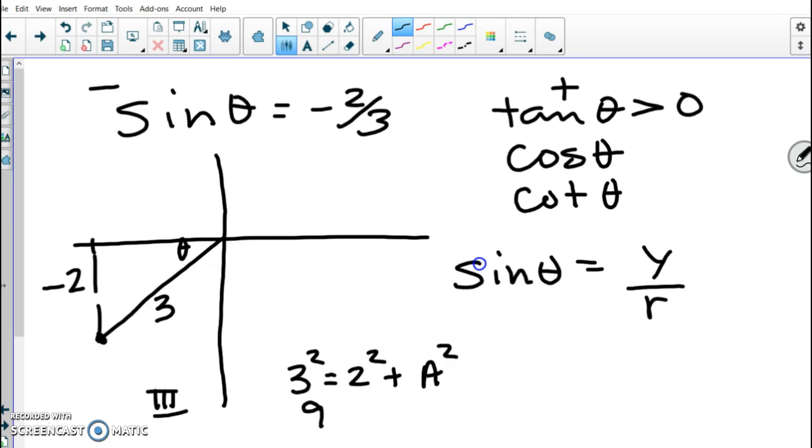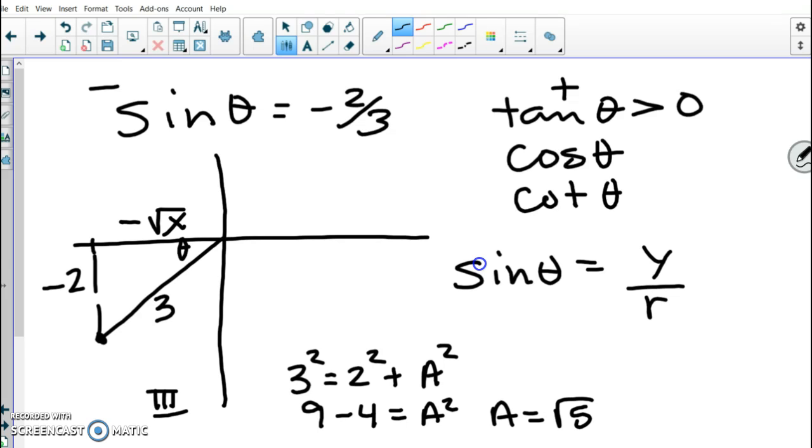So we have 9 minus 4 is equal to a squared. Our adjacent value is equal to the square root of 5, negative square root of 5, because we're going in the negative x direction.